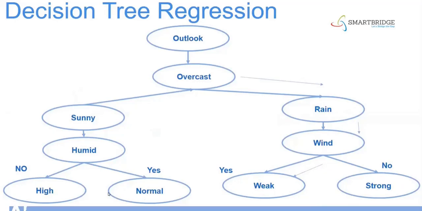All right. So suppose I give sunny outlook, high humidity and weak wind. Now tell me whether the person will play or not. The outlook is sunny, the humidity is high, the wind is weak.